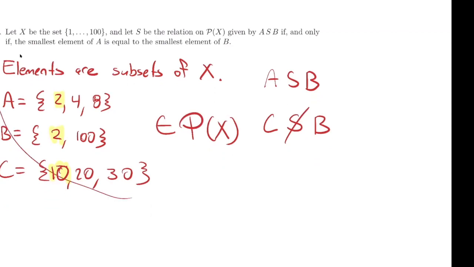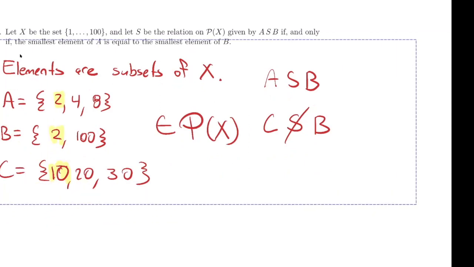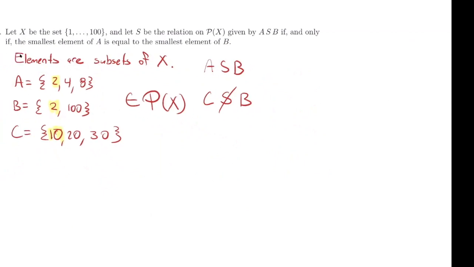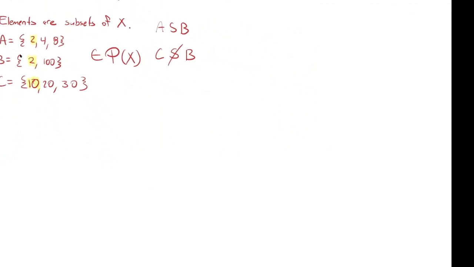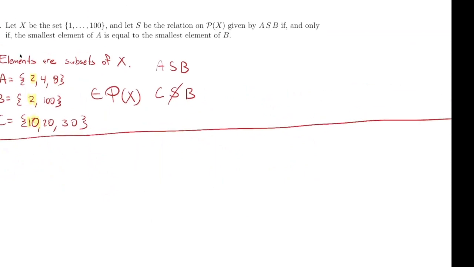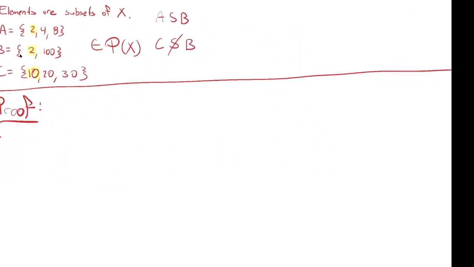Okay, so let me just zoom that down. So there's just some scratch work. So this is an equivalence relation. So in order to prove this is an equivalence relation, we've got three properties that we need to prove, right?